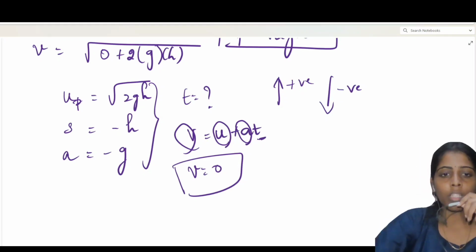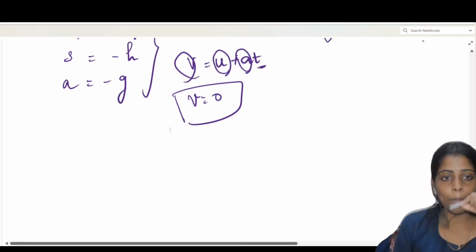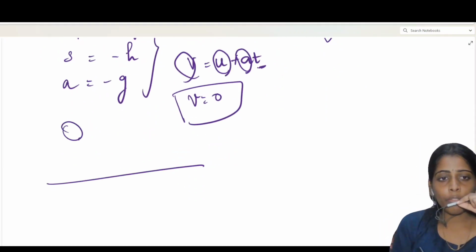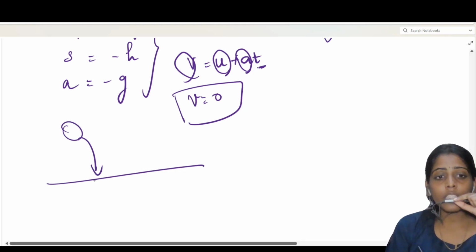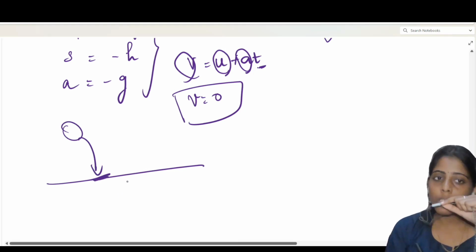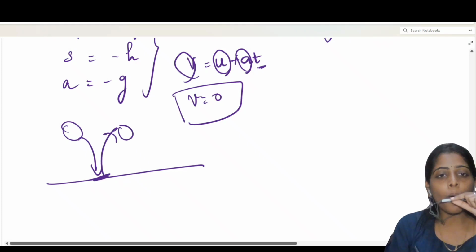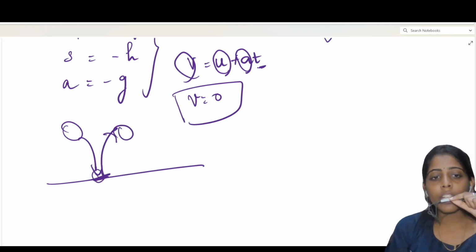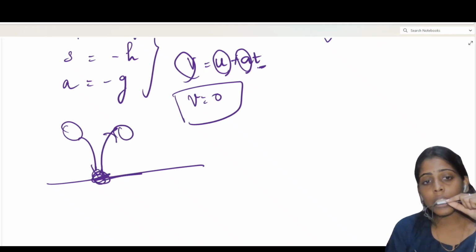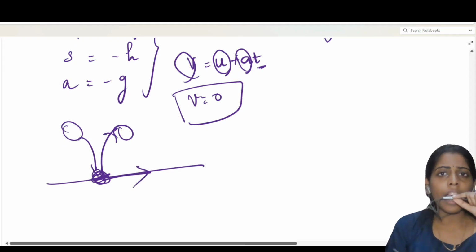So when the packet reaches the ground, what is happening? It is going to collide with the ground, right? Because of this collision, it can even bounce back, or after hitting the ground it can be displaced from its position. Anything can happen, right?